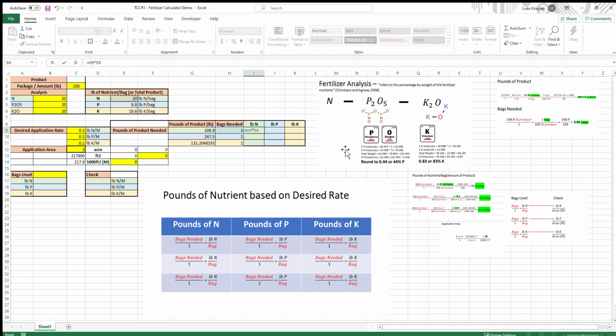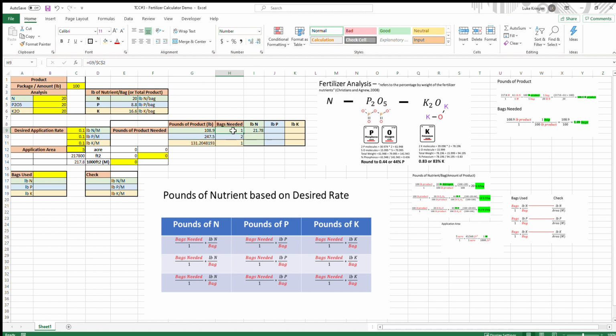So if you need 1 bag, you're going to multiply by 20 pounds of nitrogen per bag to get how many pounds of nitrogen will be applied. And you see, it's not a perfect 20 because this is not actually a 1. It's a 1.089, and that's what Excel will use to calculate your pounds of nitrogen.